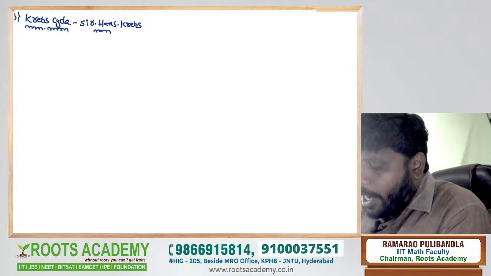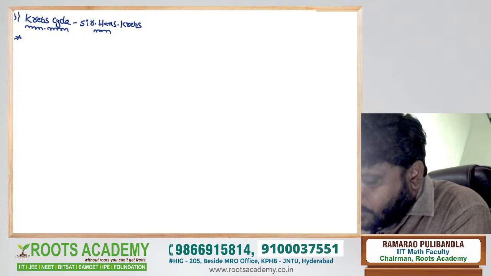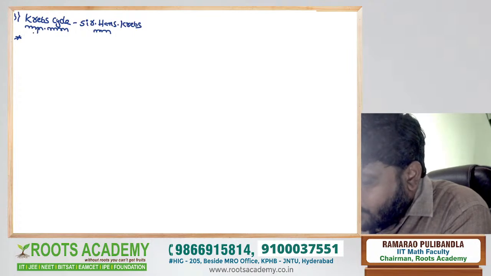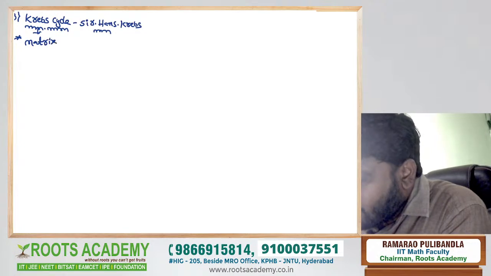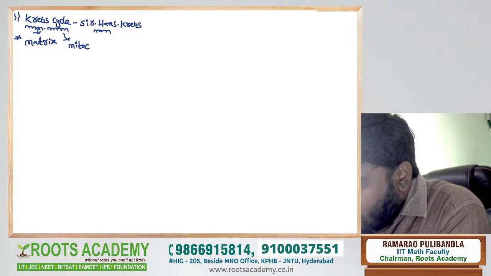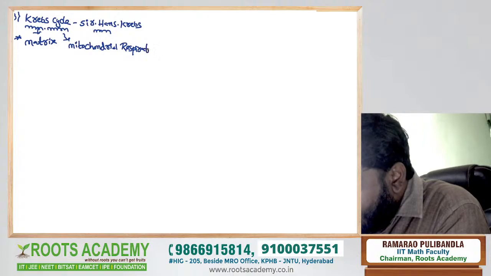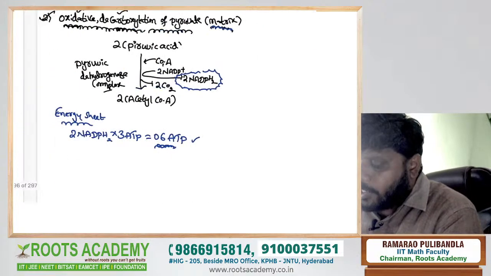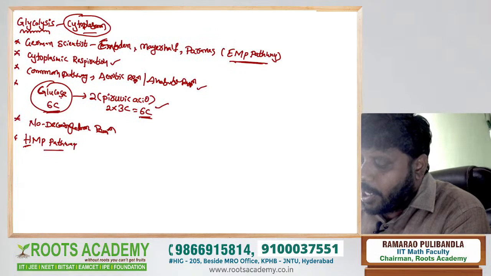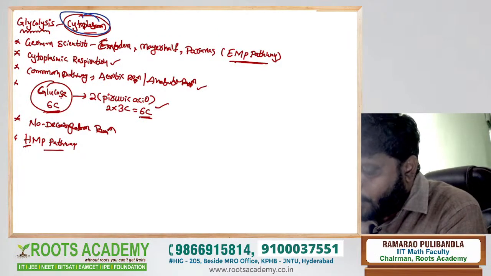Understood? This Krebs cycle takes place in the mitochondrial matrix. That's why the Krebs cycle is also called mitochondrial respiration. Glycolysis takes place where? In the cytoplasm.